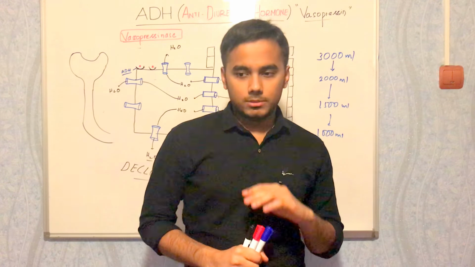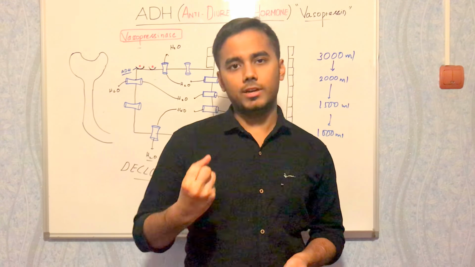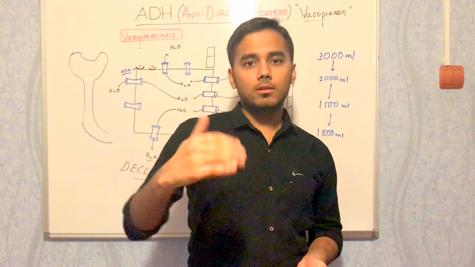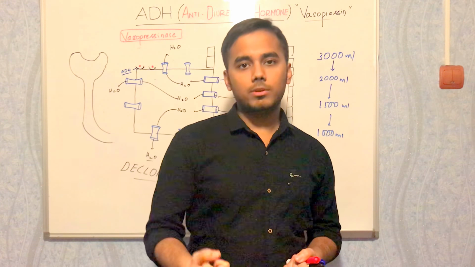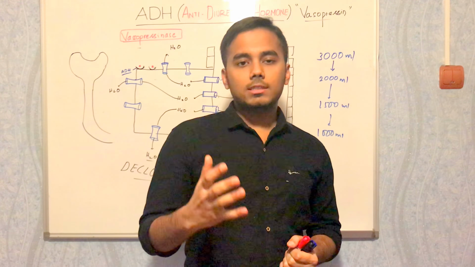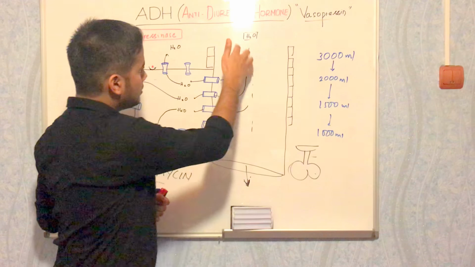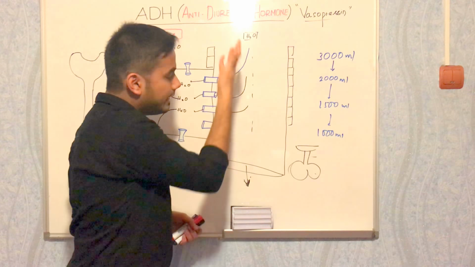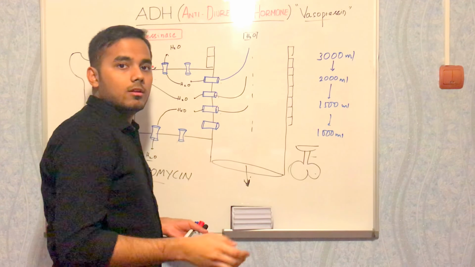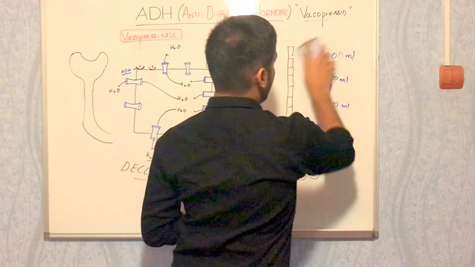Coming to the signs and symptoms: if there is low production of ADH in your body, as I told you, there are many ways through which the production of ADH can be lowered. Now, if the person, instead of reabsorbing water, is excreting it out totally, what happens? The first thing, as I told you, is hypovolemia. Let me write here, it's important.